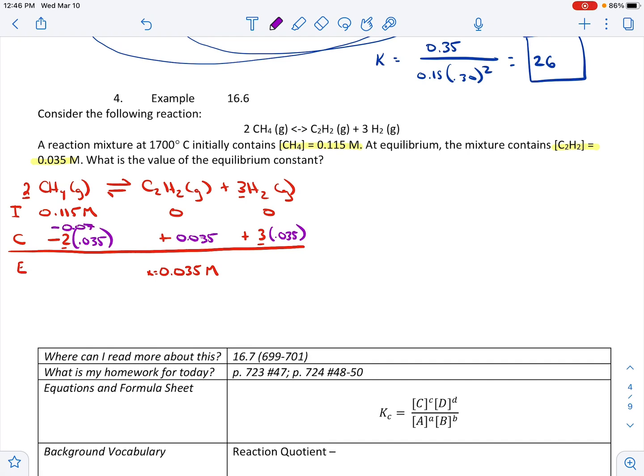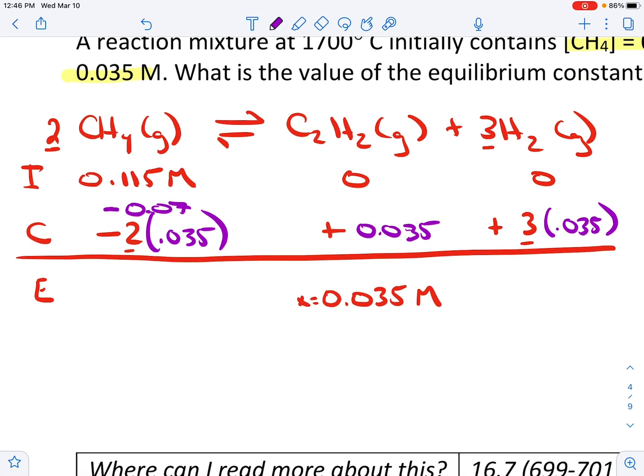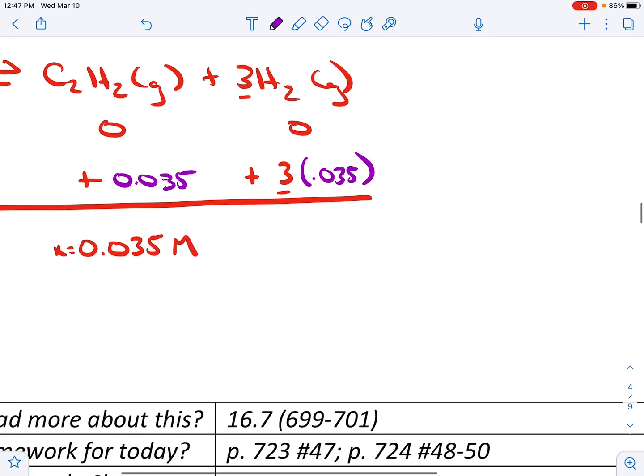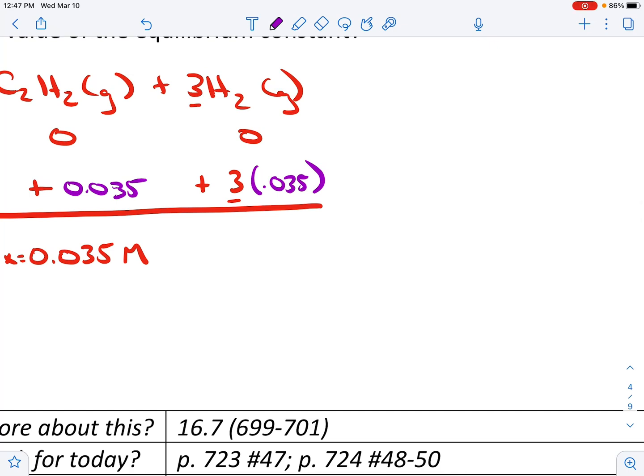Hopefully you can see that. Hopefully I'm not making it too rough there. Maybe if I blow it up a little bit. So we're going to take 0.115 minus 0.07. So our equilibrium concentration of our CH4 is 0.045. Okay, kind of rolling over here. 3 times 0.035 gives me 0.105.